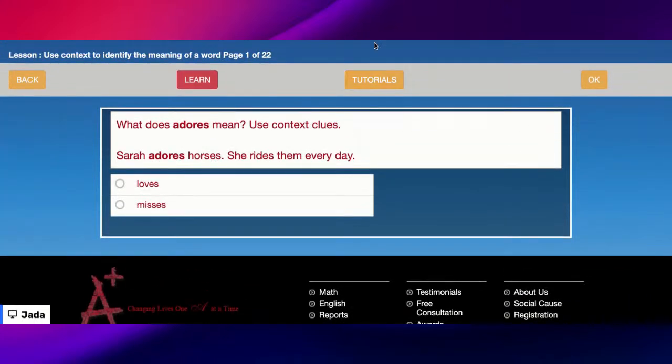Now what does adore mean? Use context clue. Sarah adores horses. She rides them every day. What does that mean?